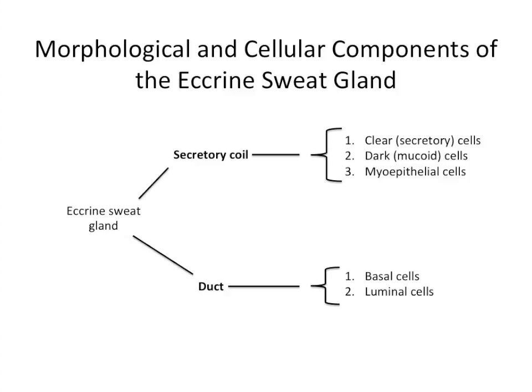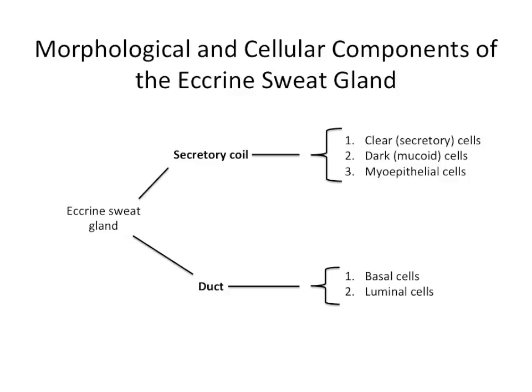One is known as clear or secretory cells, and then we have these dark mucoid type cells, and then we have myoepithelial cells. The function of the dark cells isn't exactly known at this point. The clear cells, when we say secretory, they secrete the sweat.